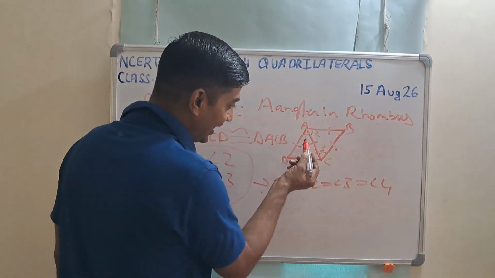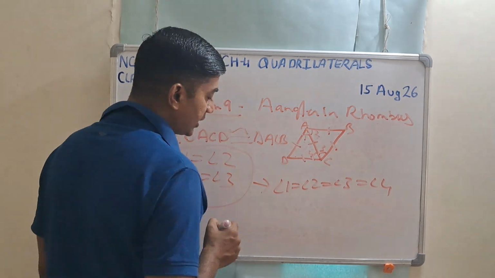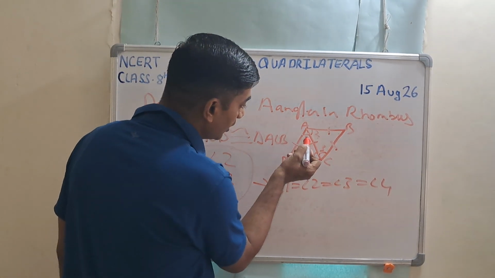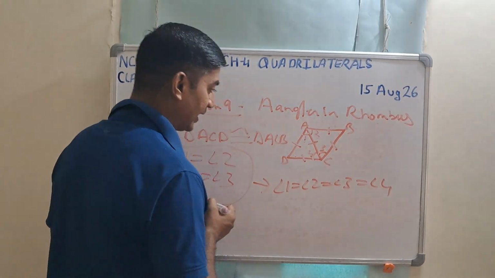Now when angle 1 is equal to angle 2, what does it mean? It means that the diagonal is bisecting the angle.